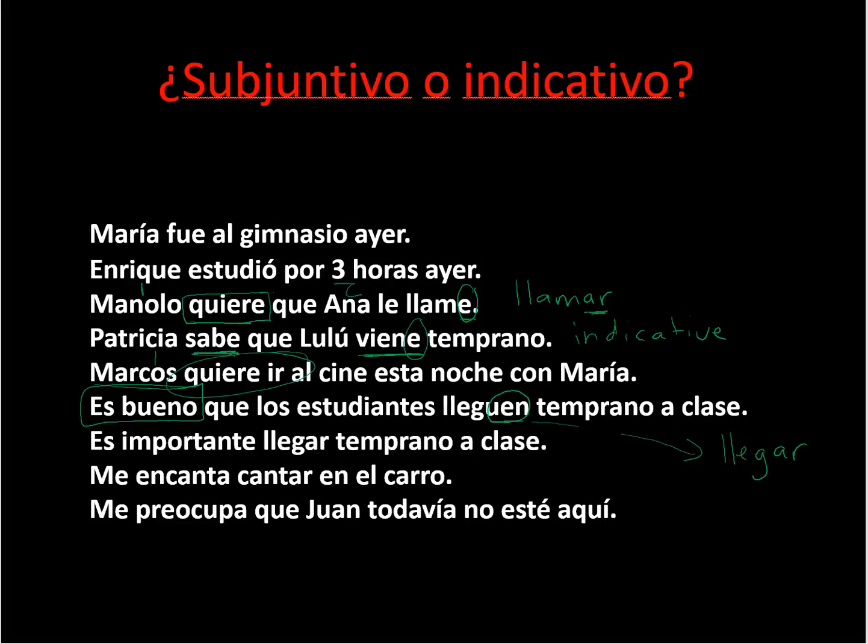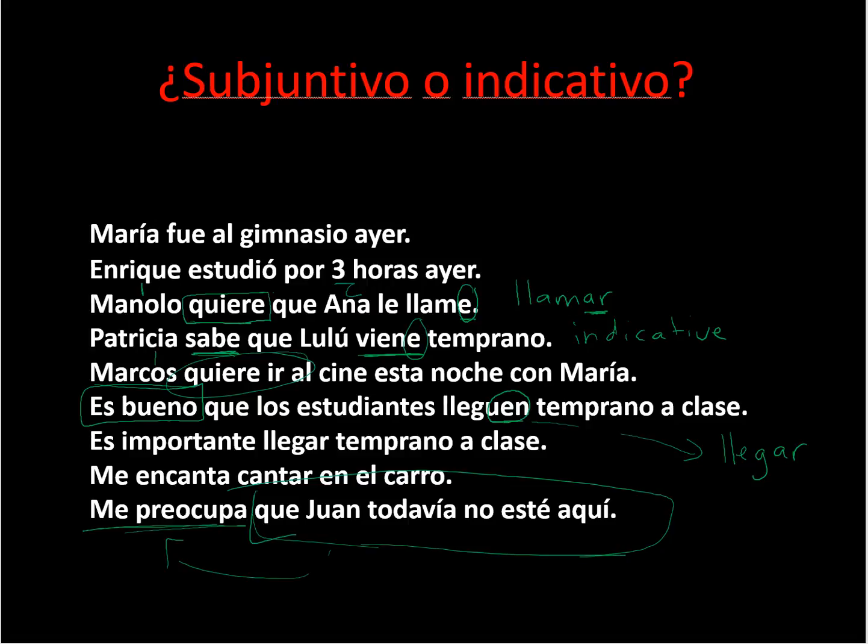¿Es importante llegar temprano a clase? Not subjunctive, simple sentence. One subject. Me encanta cantar en el carro. Simple sentence. And then lastly, me preocupa que Juan todavía no esté aquí. First clause, second clause. It bothers me. This is a fun one. It's saying all this bothers me. This is a verb like gustar.